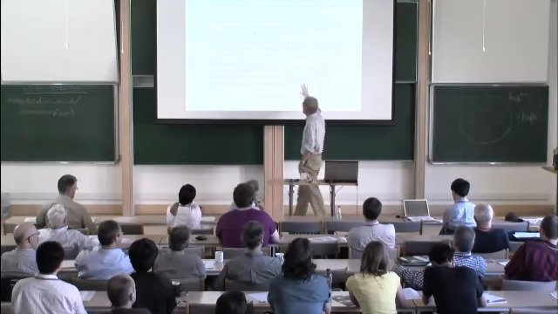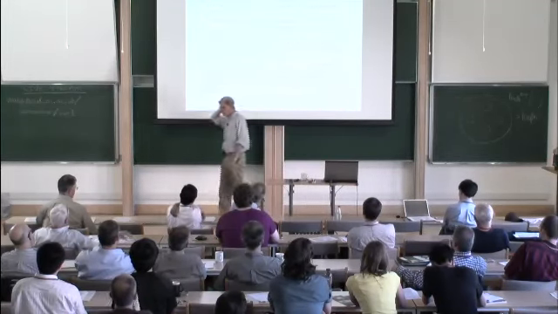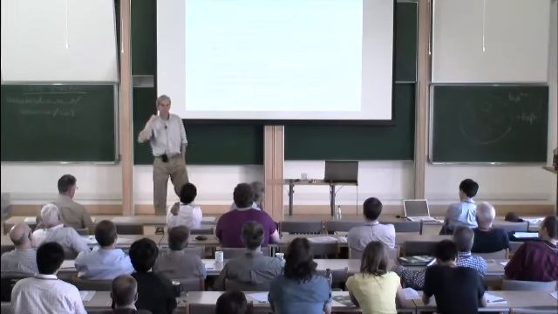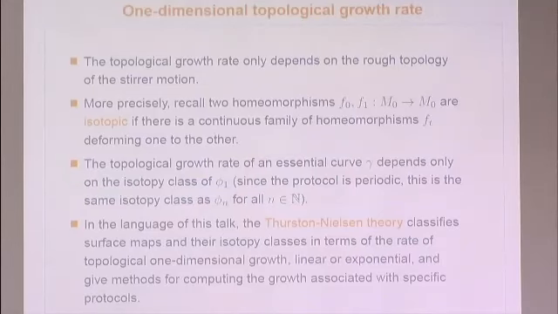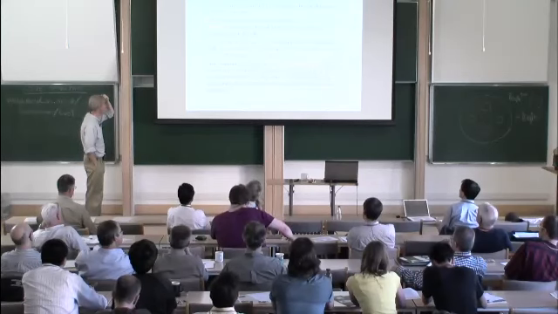So there's a theorem, and we couldn't do anything with this unless, as I keep telling you, we can compute and estimate this topological growth. And you saw, in those two pictures I showed you, this was a topological growth that was exponential, and this one was linear. So that's the Thurston-Nielsen theorem. Thurston proved a much more general theorem in the 70s, and Nielsen back in the 30s began the theory.